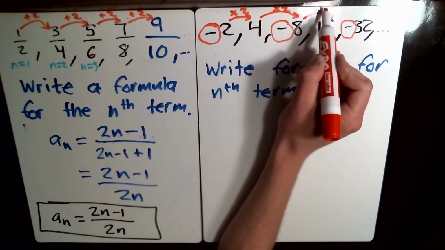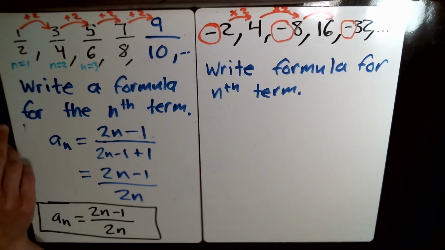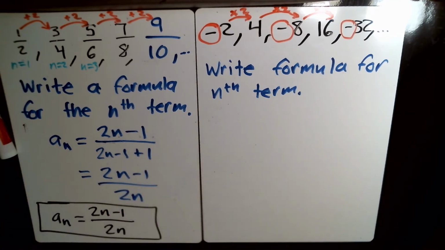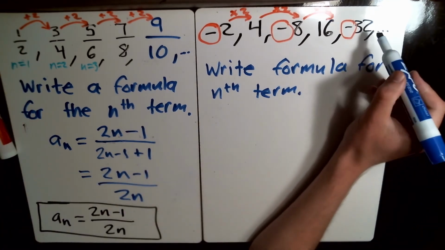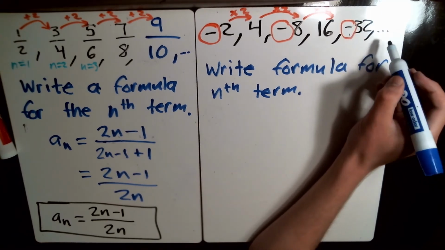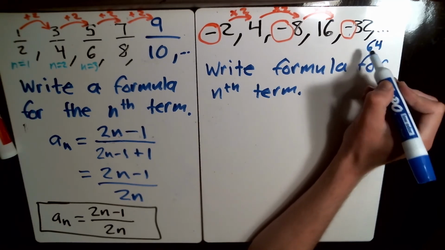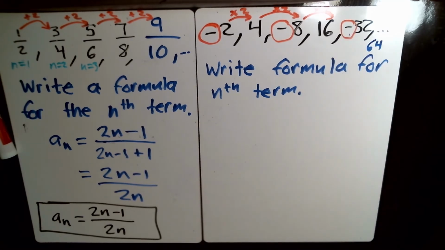Okay? So that looks like what's going on with this sequence: we're doubling our numbers and switching the sign. So the next term in this sequence is we double 32 to get 64, and it would be positive because the 32 was negative, right? We're just alternating signs back and forth. Okay?